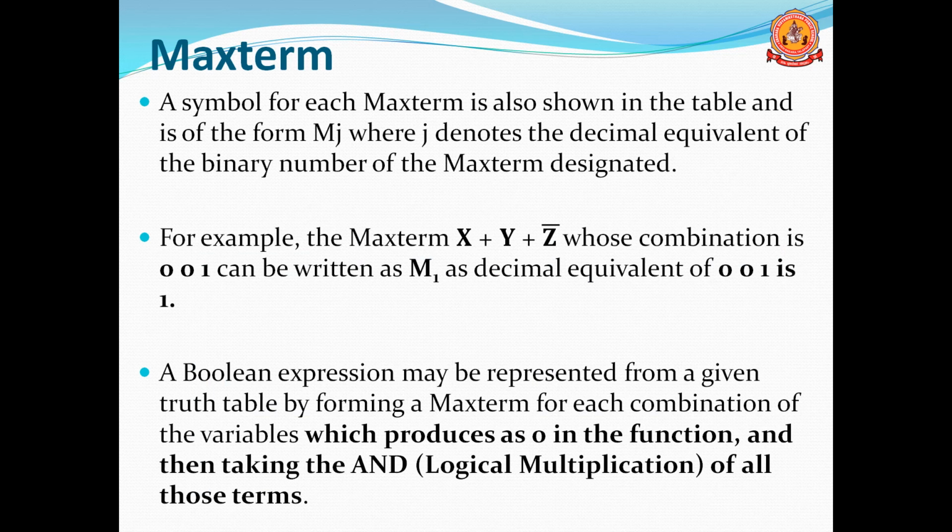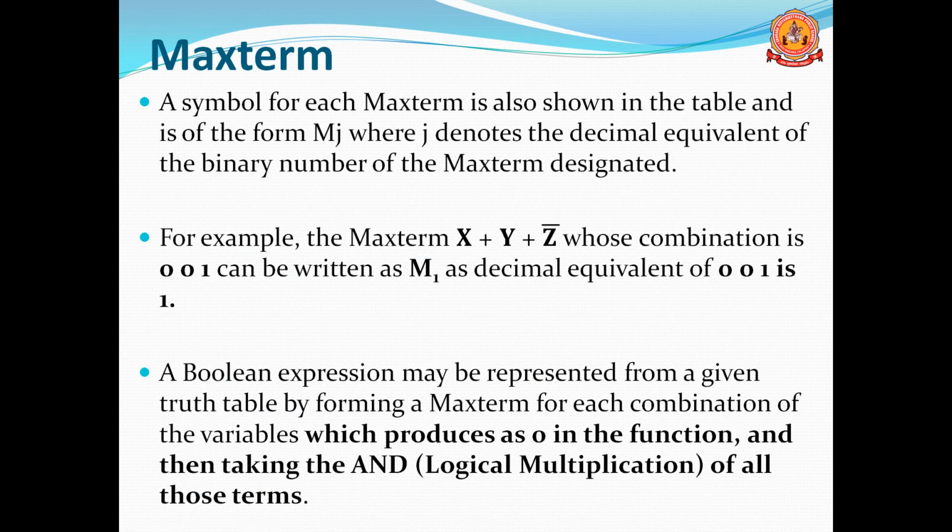Here x is in normal form, 0, y is in normal form, 0, and z dash is complemented, so the value is 1. So it can be written as M1, because the decimal equivalent of 0, 0, 1 is 1. We have to find the decimal equivalent, then we can find M1.